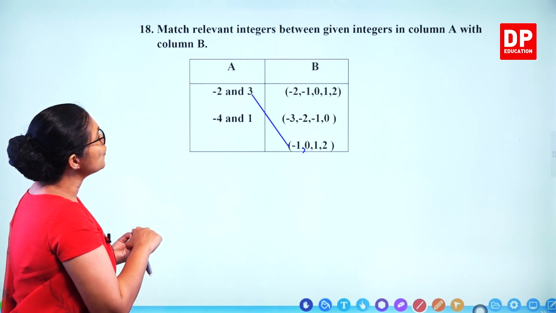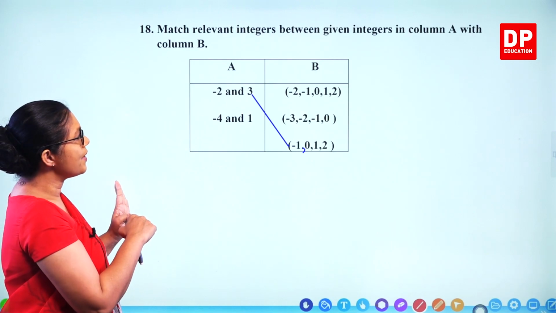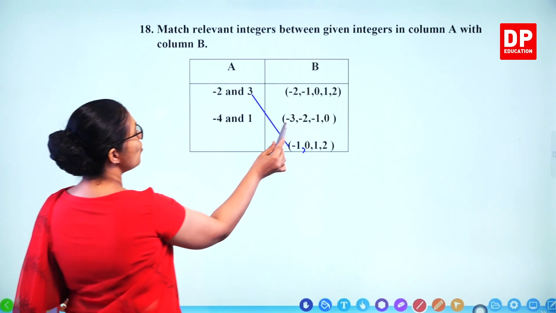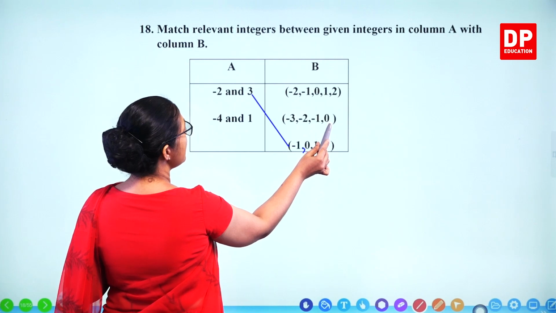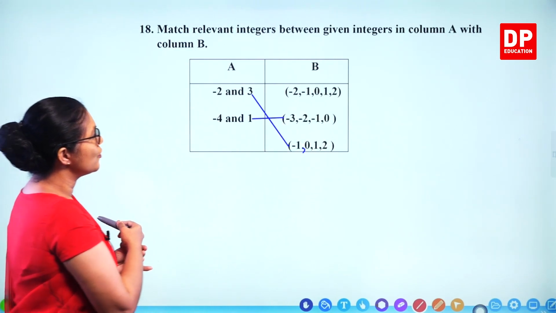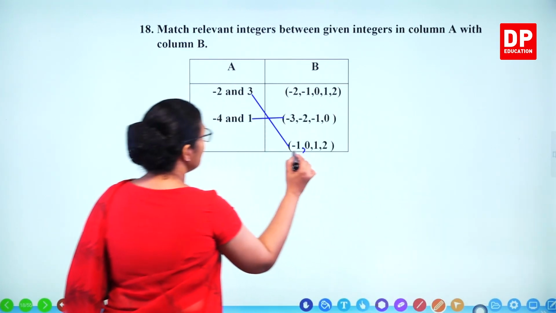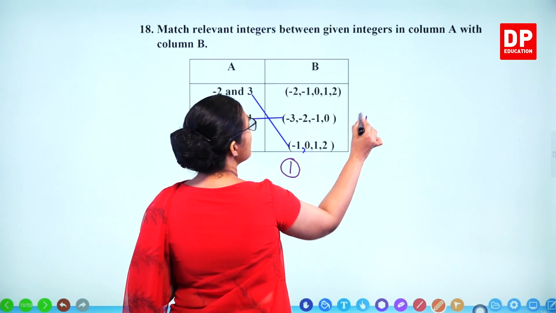Integers in between -4 and 1. -4 and 1 not included. -3, -2, -1, 0. So this one, not the other one. So you have to mark it properly. 1 mark each for the correct answer.